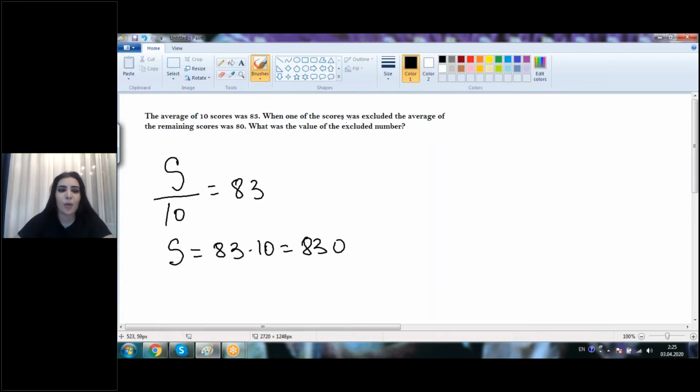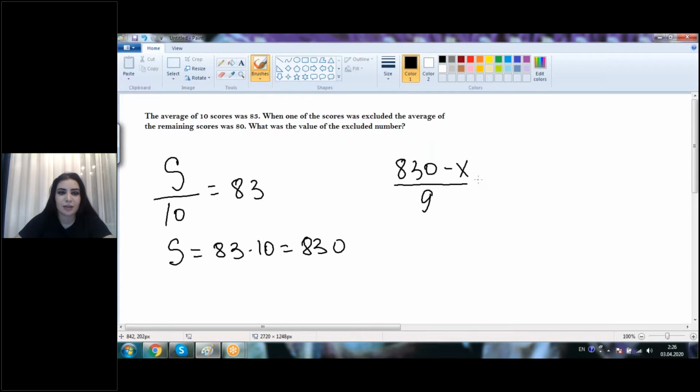Then, when one of the scores was excluded, the average of the remaining scores was 80. So as we got, the sum of all these 10 numbers was 830. One of the numbers was excluded. Let's assume that that number was X. After we exclude one of the numbers, the amount of the rest will be 9.